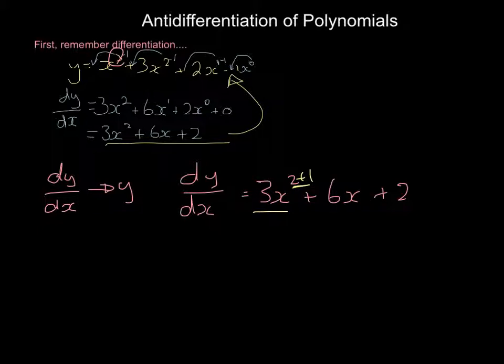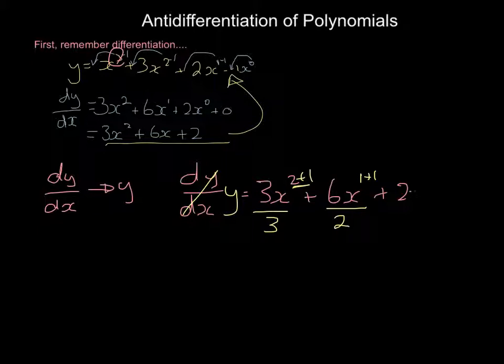So in this case here, we have 2 plus 1 would be 3, so we also have to divide by that 3. So this is what our y is going to equal. Do the same thing with the 6x. We've got x to the power of 1 already. We need to add 1 to that. And then we also have to divide by what that's going to become. So 1 plus 1 is 2.